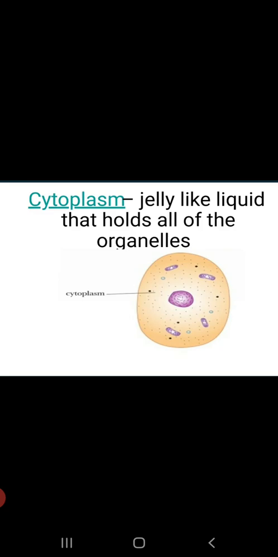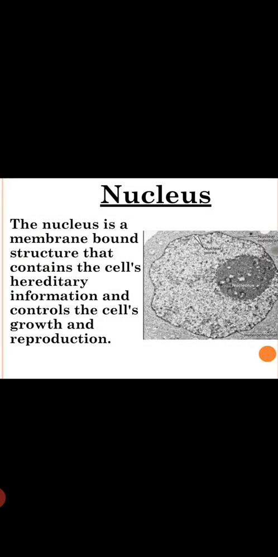The next topic that we have is the nucleus. So where does the nucleus lie in the plant cell? In the Zoom class we have discussed, yes. The nucleus in plant cells lies in the peripheral region, whereas in animal cells it is in the center. Now what is actually the nucleus?